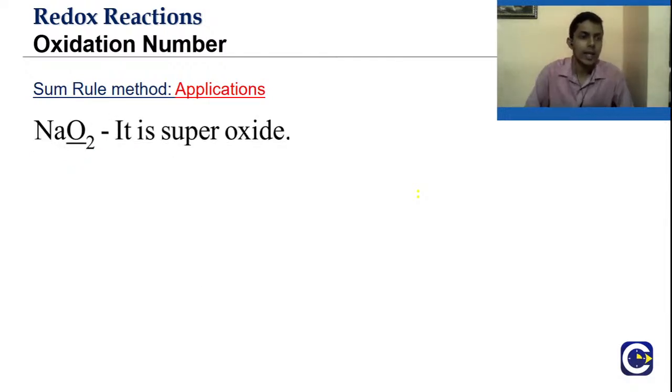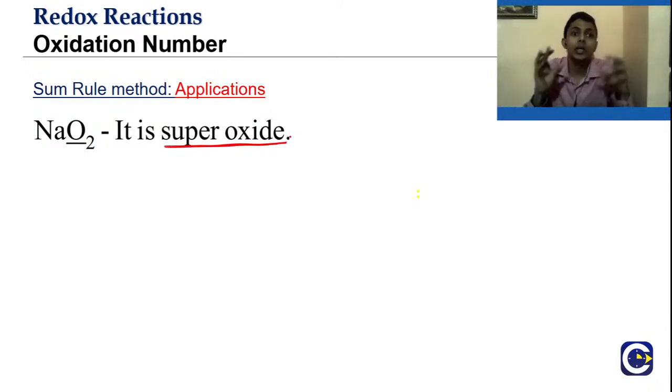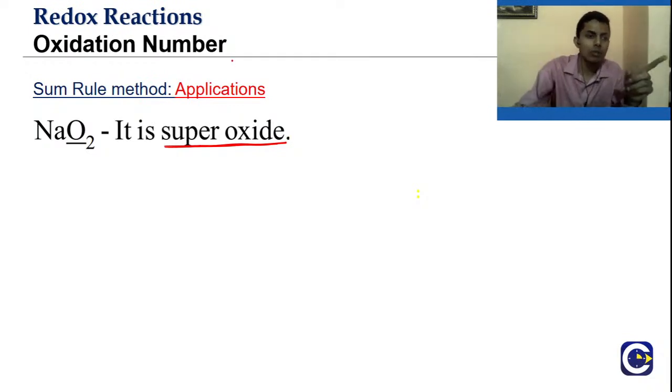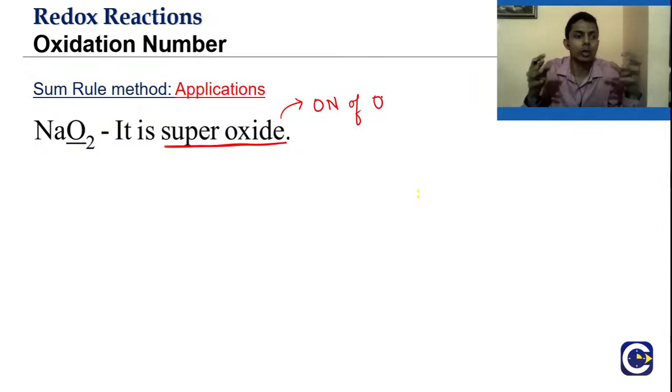Going ahead, NaO2. Here comes the example of superoxide. Superoxide means what? I don't know what the oxidation number of oxygen will be, as of now, but superoxide will always have some oxidation number of oxygen. So let us find out the oxidation number of oxygen in superoxide.